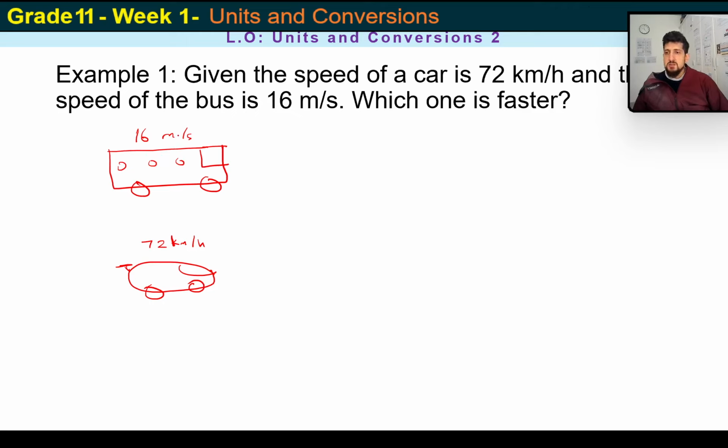Okay, so 16 meters per second. What I'm going to do is go 16 meters per second, multiply by 60, which will give me per minute.